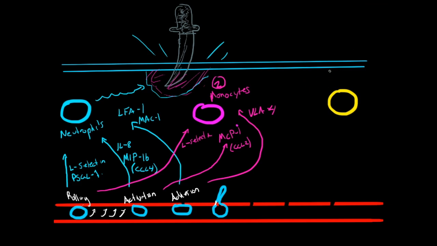Last, we have naive lymphocytes, like B cells and T cells, when they are naive, before they become mature lymphocytes.